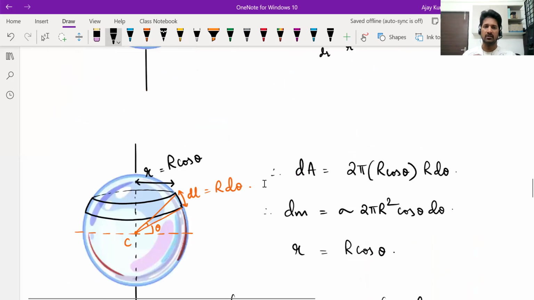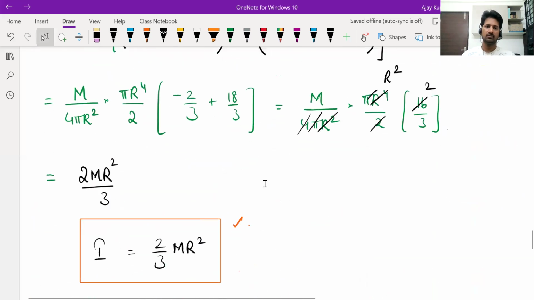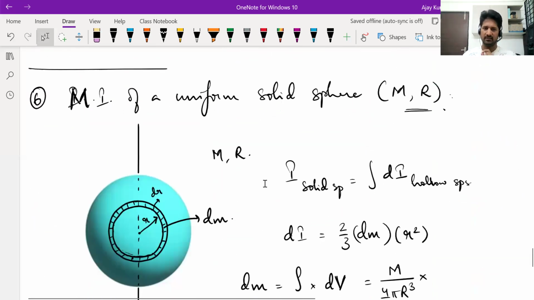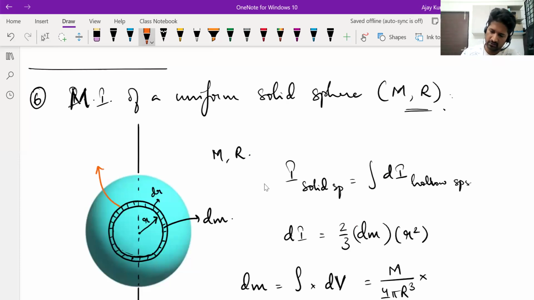We consider the solid sphere as a collection of hollow spheres which have some small thickness, dr. And how do we write that volume? For a ring, what did we do? Circumference multiplied with the width. Then for a sphere, what we'll do? Area multiplied with thickness. That gives us the volume. Actually, what you should do is this: outer sphere's volume minus the inner sphere's volume you have to do.